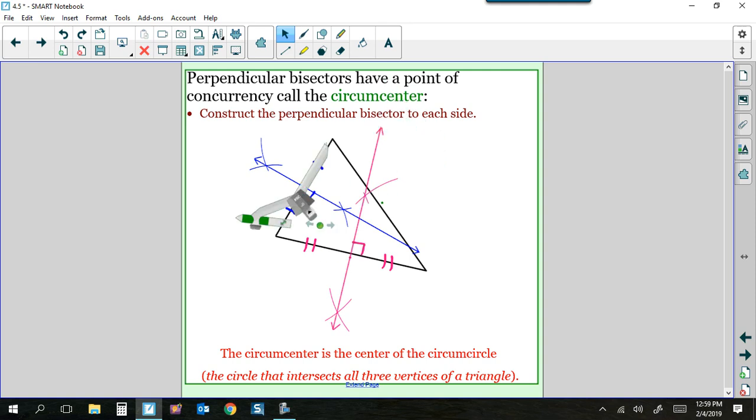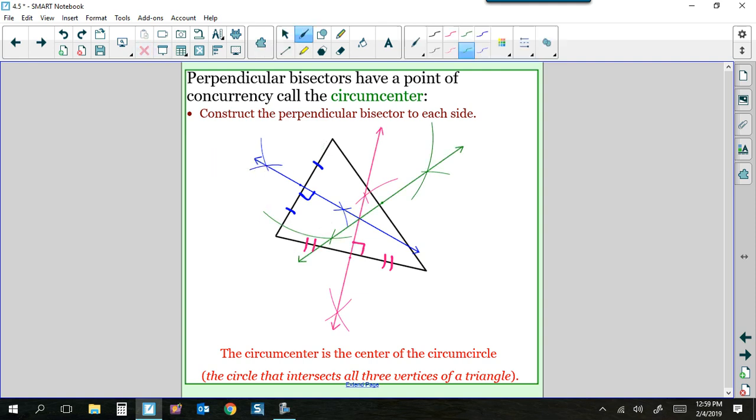A little here and a little here, and you should end up getting two intersections, creating your perpendicular bisector. So I'm going to go ahead and again do my right angle mark. And now we have three midpoints. So 1, 2, 3, and 1, 2, 3. Notice that I have a point of concurrency right there. That is my circumcenter.